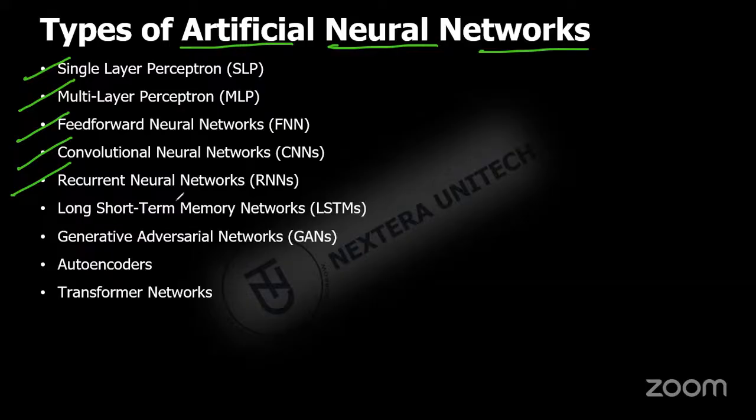The updated version of RNNs is LSTM, long short-term memory networks. The updated versions beyond that are GANs, autoencoders, transformers. All of these are types of neural networks only.